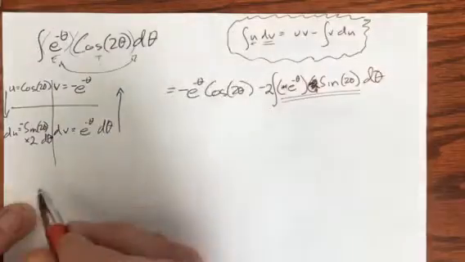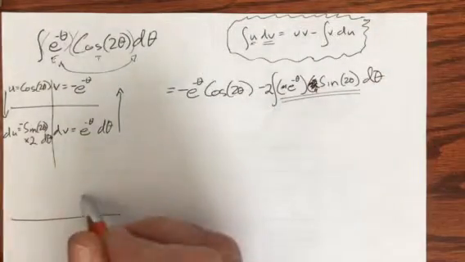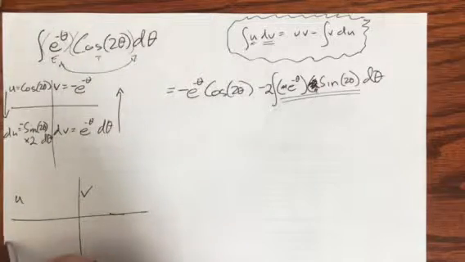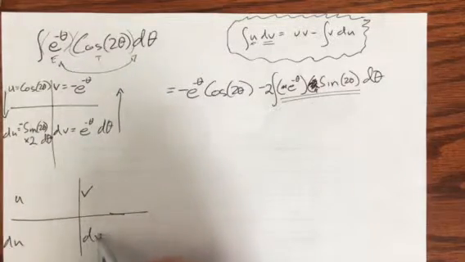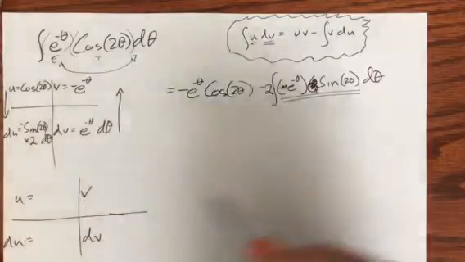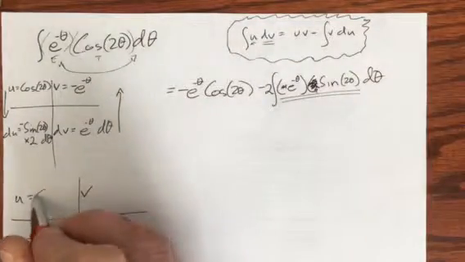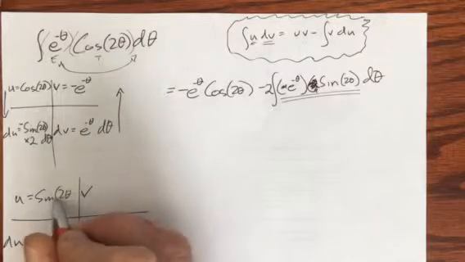So I'm going to take this and make another little chart, giving myself a little bit more room. I've got u, v, du, and dv again. What am I going to assign? The same sort of thing is going on. Here's my trig, so I'm going to make this the sine of 2 theta.